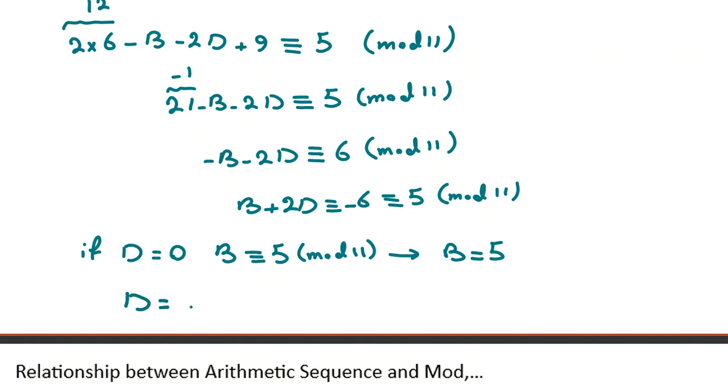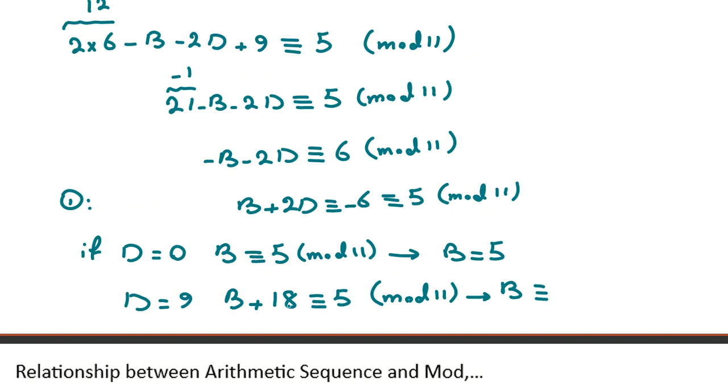If d equals 9, then b plus 2 times 9, 18, is congruent to 5 mod 11. 18 mod 11 is 7, or let's say negative 4.